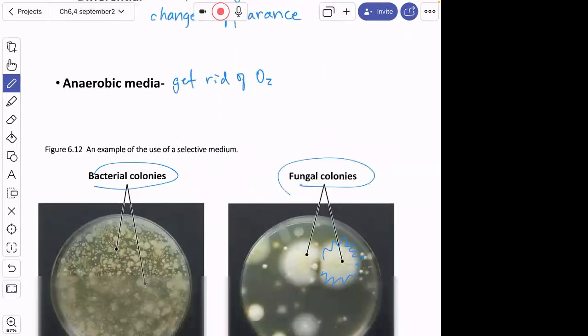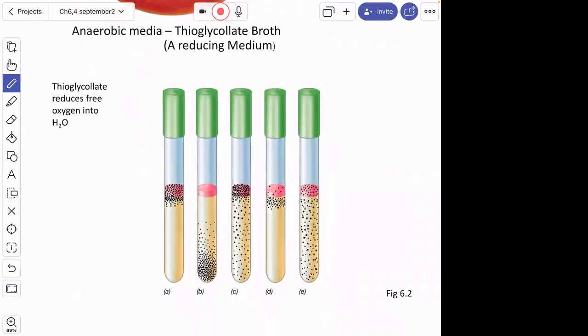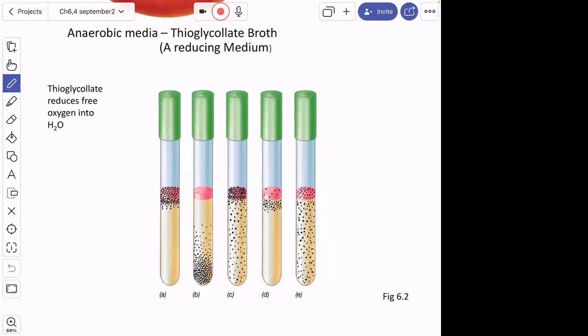One example of an anaerobic media, from your book, is one that we're going to inoculate in lab in a little while. It's called thioglycolate media. Basically, it's a reducing medium. So any oxygen that's in that medium gets reduced to water.